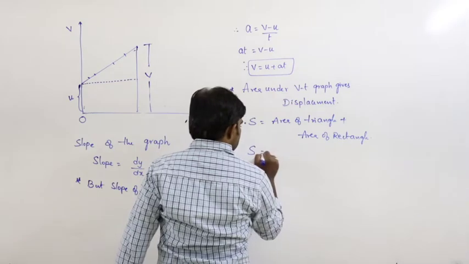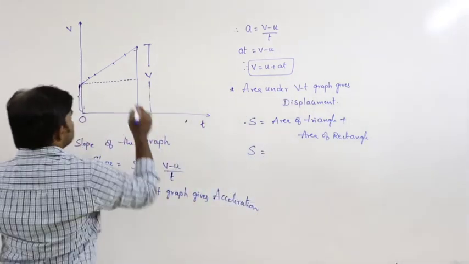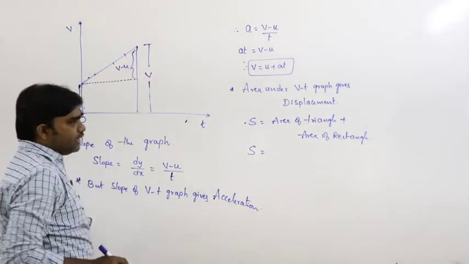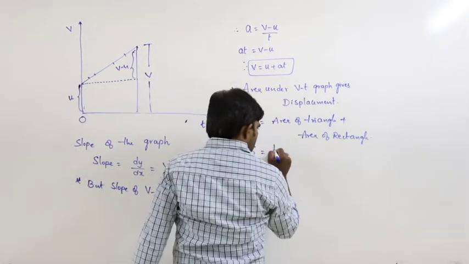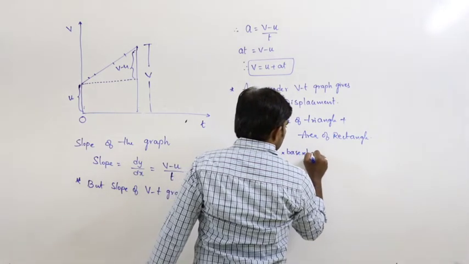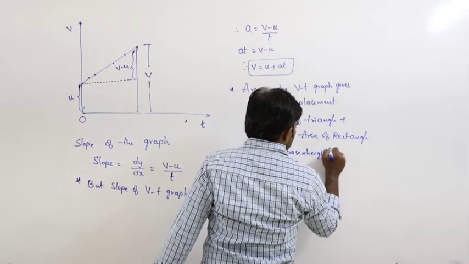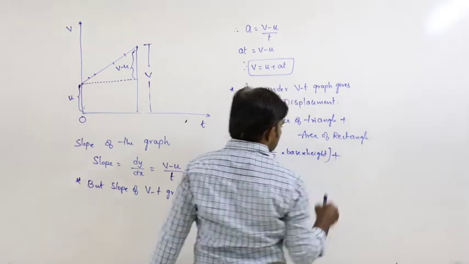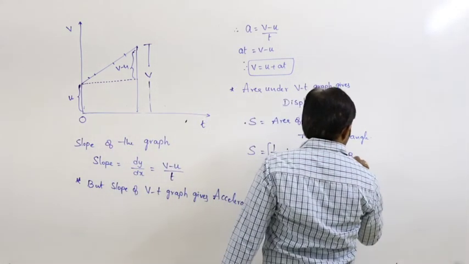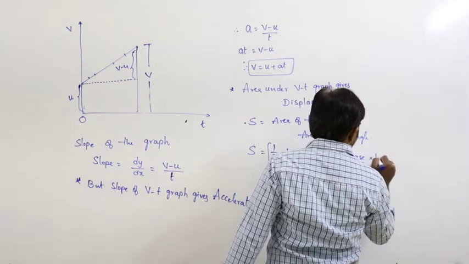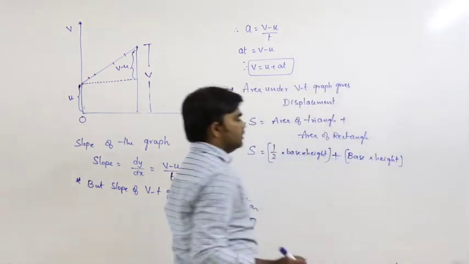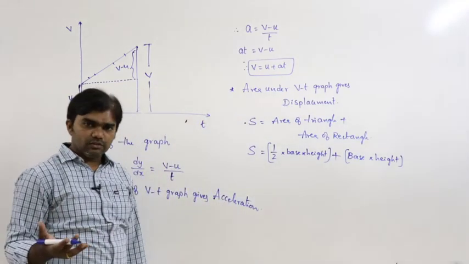So this portion is V minus U. Area of the triangle is half into base into height. Area of the rectangle is simply base into height, or length into breadth, whatever it is.